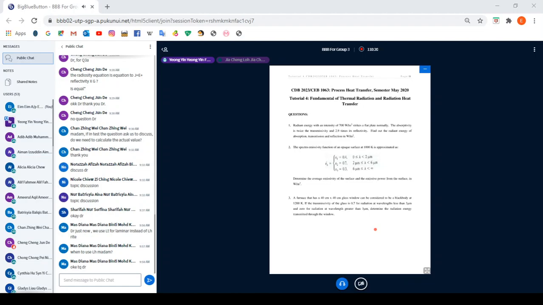Somehow it can be. It will become a cooling process, heat loss. When I substitute it inside Q, then Q will be a negative value. Yes, it can be, heat loss. Okay. Thank you. Welcome.